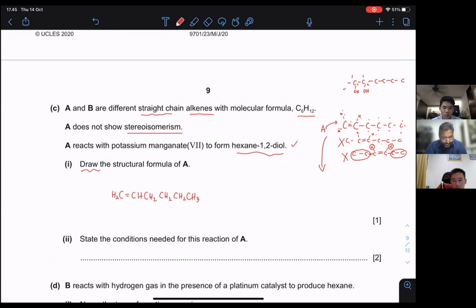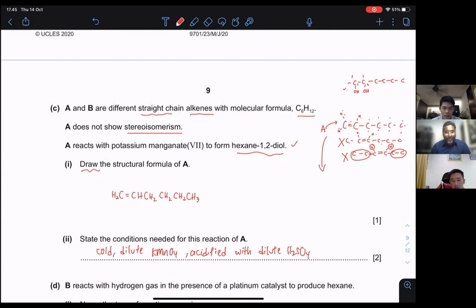So the conditions will be cold, dilute KMnO4, and acidified, dilute H2SO4. If you look at the answer, cold and acidified and dilute.